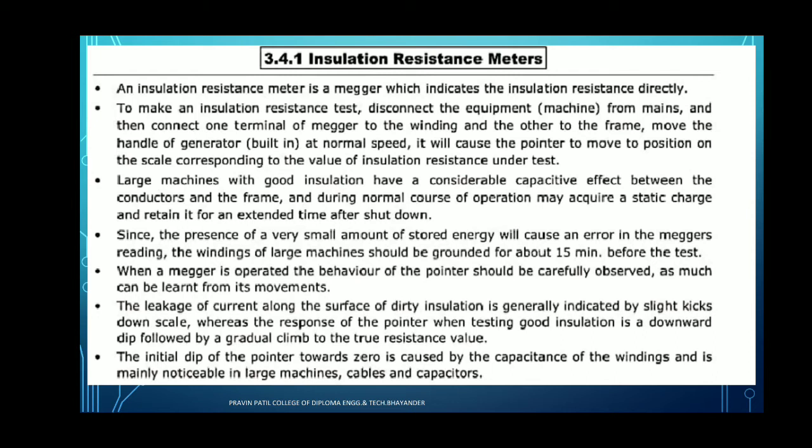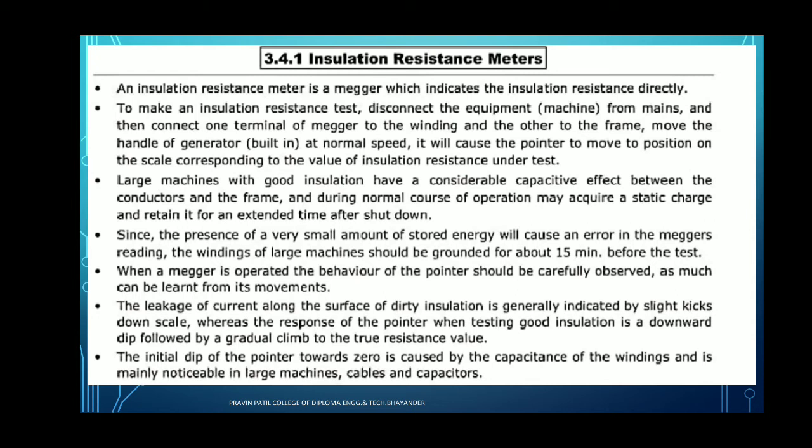The leakage of the current along the surface of dirty insulation is generally indicated by a slight kick down the scale, whereas the response of the pointer when testing good insulation is drawn back.